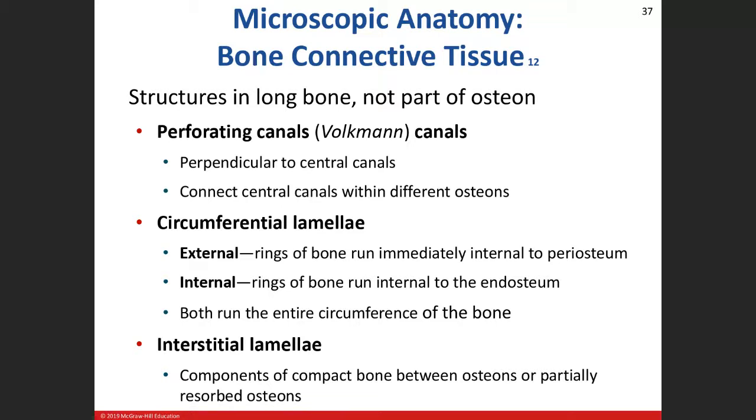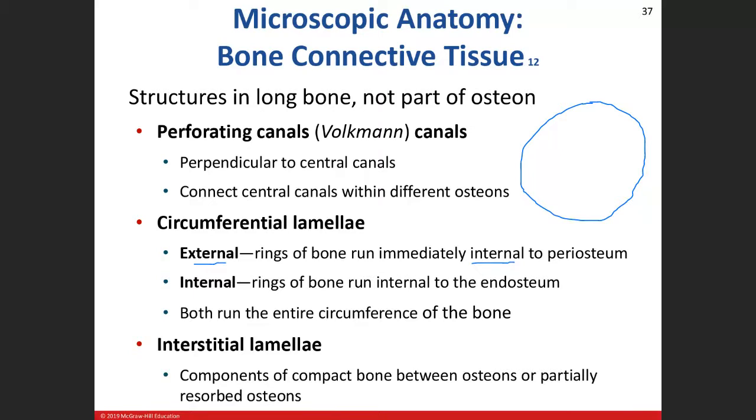So here, if I draw this circle, the outside of it is that blue line that I just drew. That is the circumference of the circle. So the external circumferential lamellae are a layer that runs around the outside of the bone. It'll be just underneath, or internal to, the periosteum.